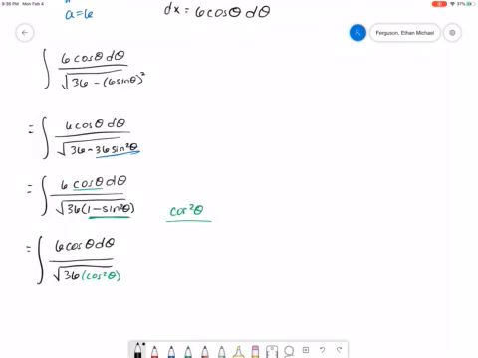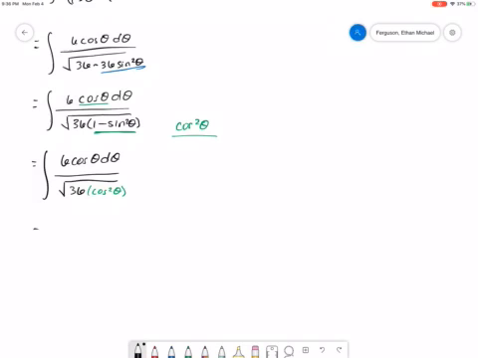Now you have the square root on the bottom, so you can simplify this to 6 cosine theta d theta all over, oh, look at this, it's going to simplify really nicely for us, 6 cosine of theta, because I just took the square root of 36 and the square root of cosine squared, and I got 6 cosine theta.